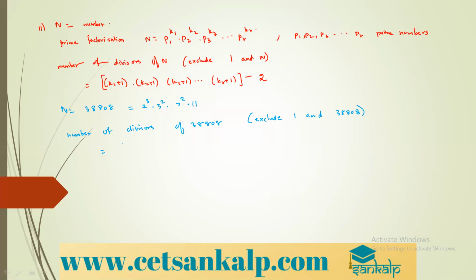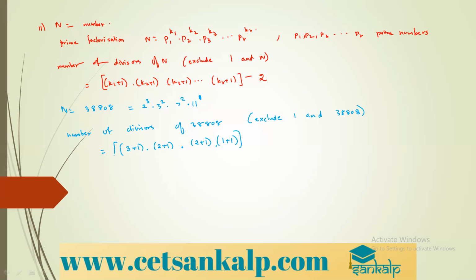Then what will you do? You will take how many times 2 is coming: 3 plus 1. How many times prime number 3 is coming: 2 plus 1. How many times prime number 7 is coming: 2 plus 1. How many times the prime number 11 is coming: 1 plus 1.